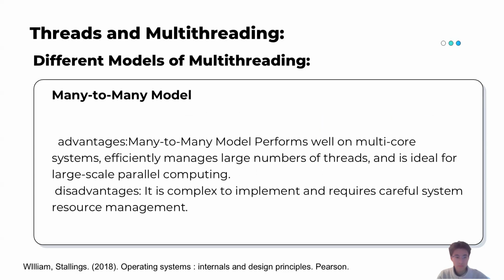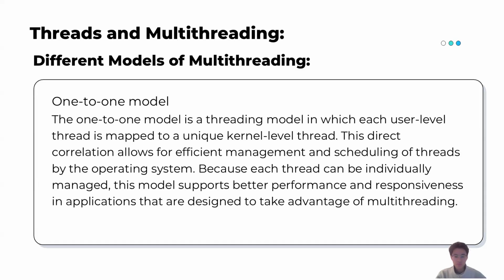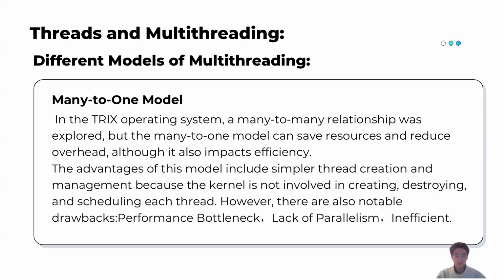And then the advantages and disadvantages of the thread models. The first is the one-to-one model, where each thread maps to a kernel thread, enabling strong parallelism. Then the many-to-one model is simple but limits parallelism.